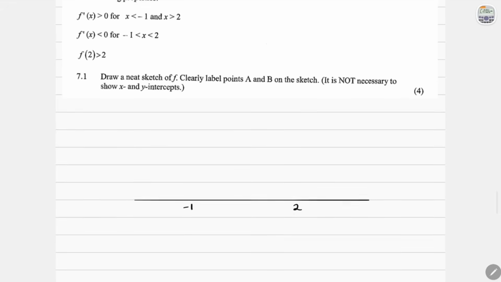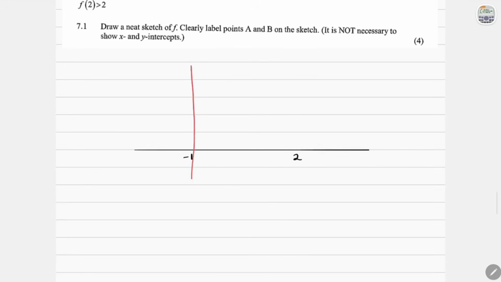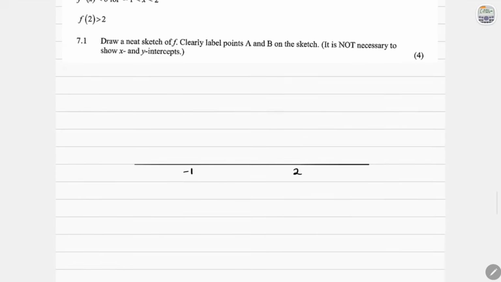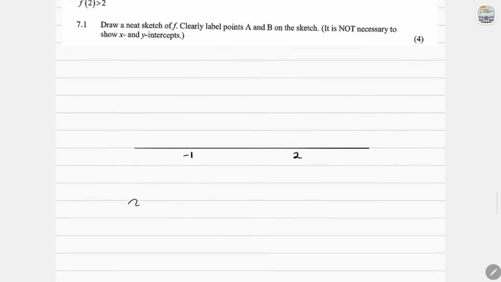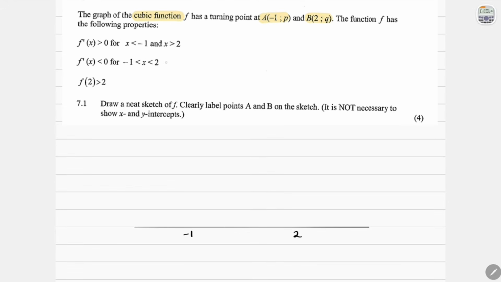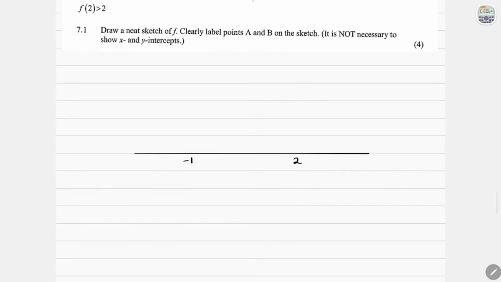So it means that the function is increasing for values where x is less than negative 1. Here's negative 1. Values less than negative 1 are here on this side. So it means that the graph is increasing at this point, okay? So it's going to be going up, and then it reaches its turning point, of course, wherever that is. And then it also increases where x is greater than 2.